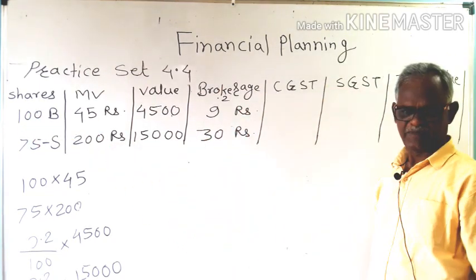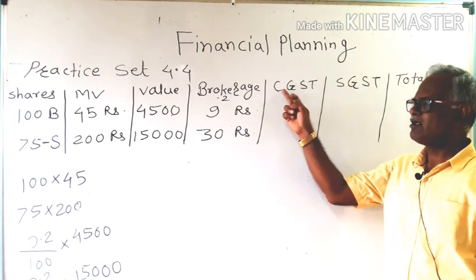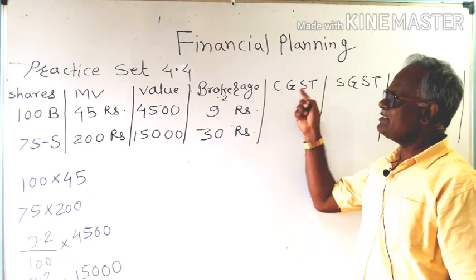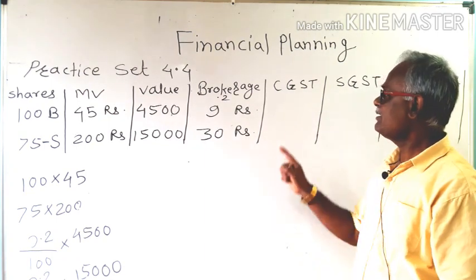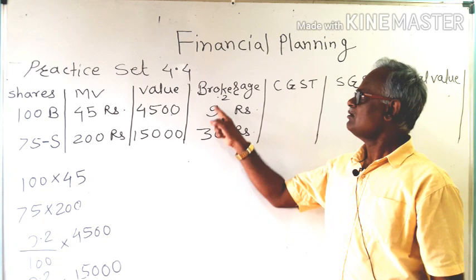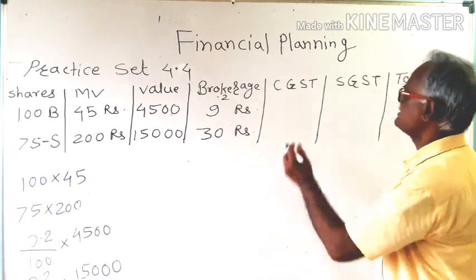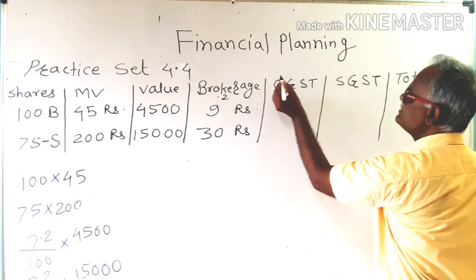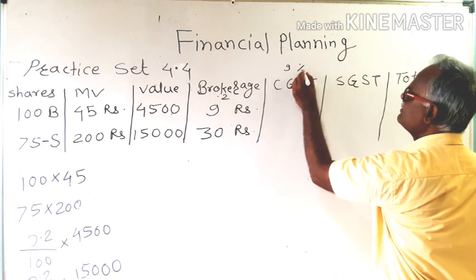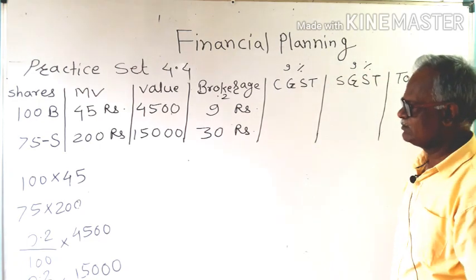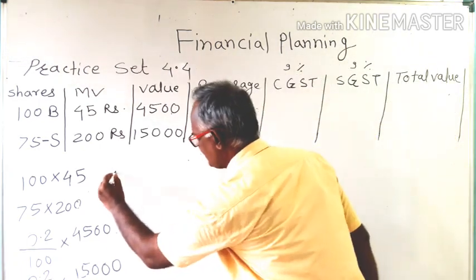Now CGST, central goods and services tax. CGST is always calculated on brokerage, and the rate of CGST is 9%. The rate of SGST is also 9%. So how will it be calculated?